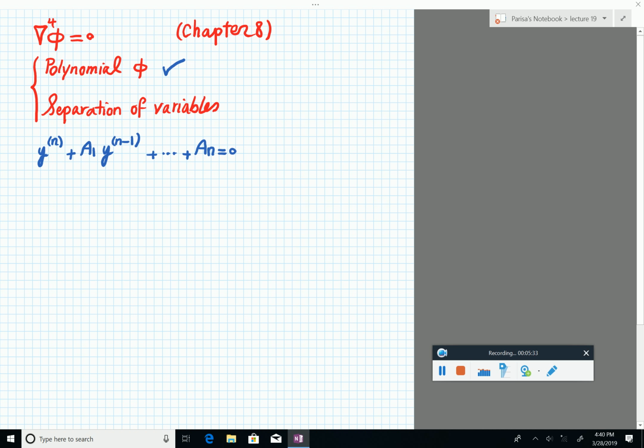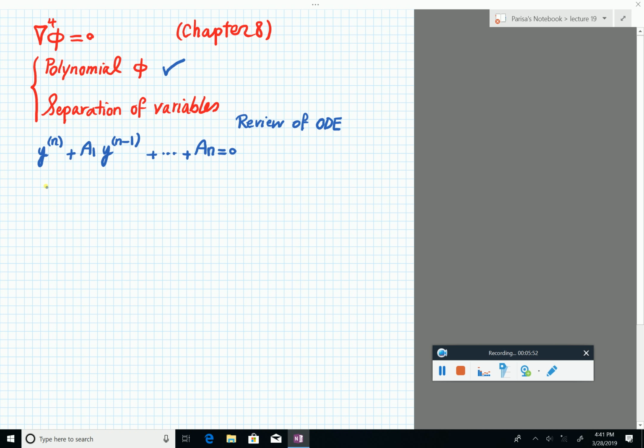Maybe I should have written a quick review of a special type of ordinary differential equations. It's linear, as you can see, homogeneous, the other side is 0, constant coefficients.